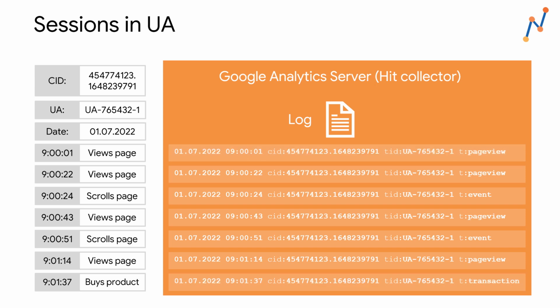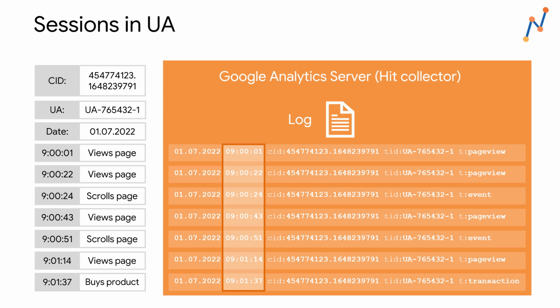So Universal Analytics will look at the time for each line in the log. And if the difference between two consecutive entries is more than 30 minutes, the first of both will mark the end of the current session and the second will mark the start of a new session.